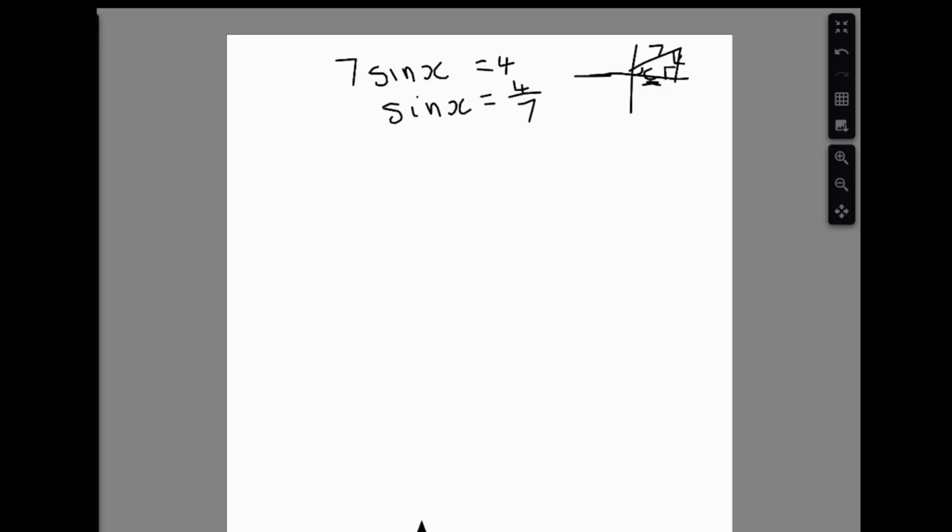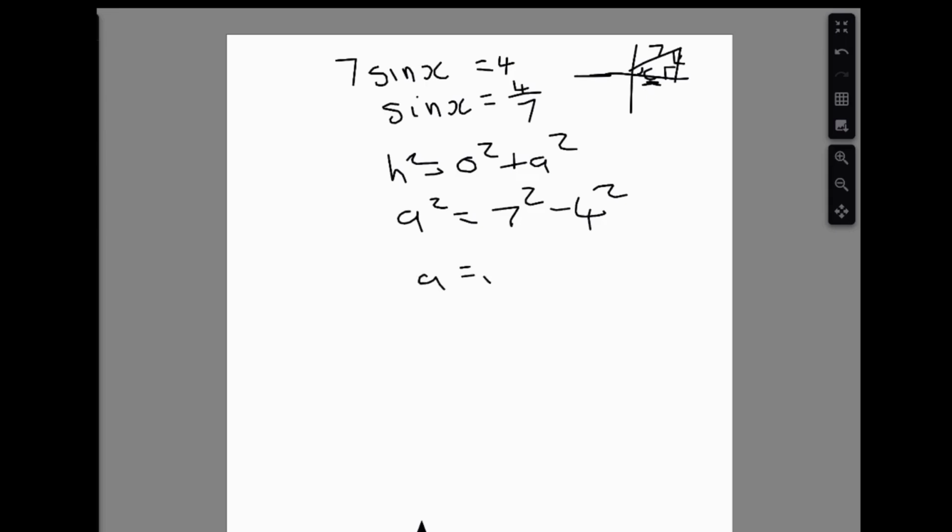So now what we can do, we can say that hypotenuse squared equals opposite squared plus adjacent squared, and then adjacent squared will equal hypotenuse, 7 squared, minus 4 squared.